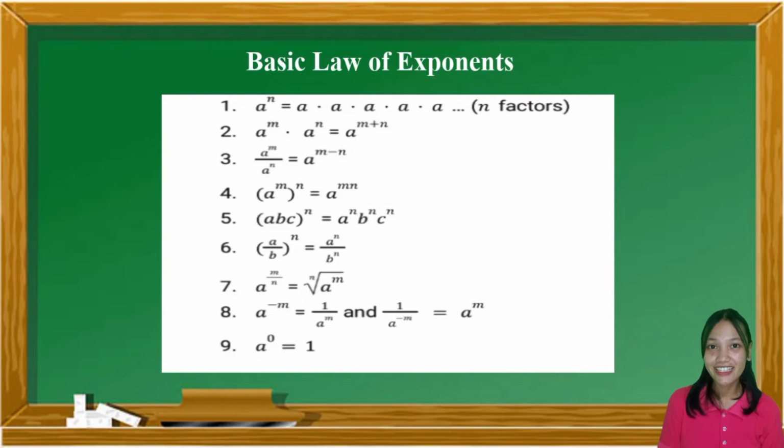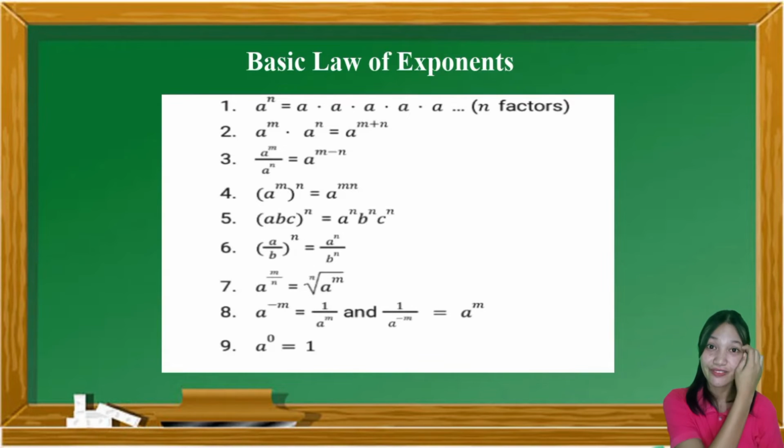Number 8 states that a base raised to a negative exponent is always equal to the inverse of the given exponential expression. Meaning, if a is raised to negative m, it will result in 1 over a^m, or 1 over a^(-m) is equal to a^m.